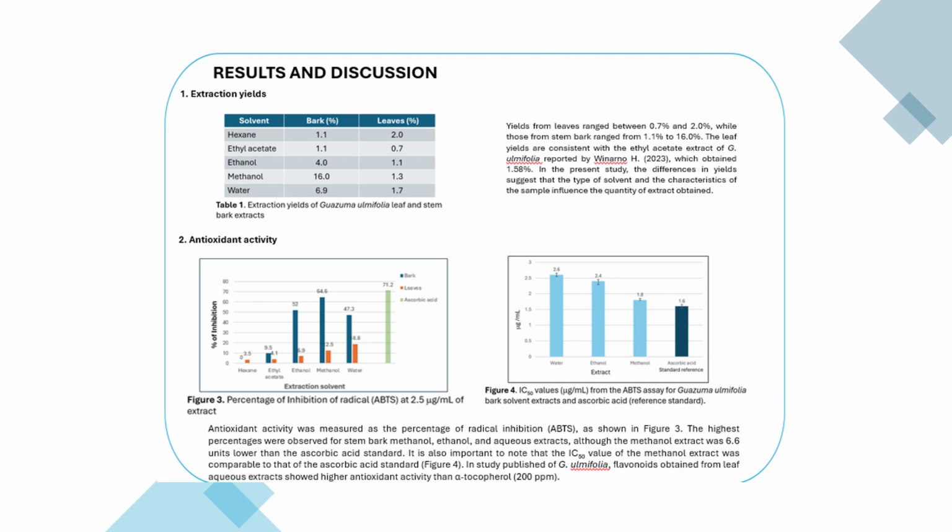It is also important to note that the IC50 value of the methanol extract was comparable to that of the ascorbic acid standard. In a study published of G. ulmifolia, flavonoids obtained from leaf aqueous extracts showed higher antioxidant activity than alpha tocopherol at 200 ppm concentration.